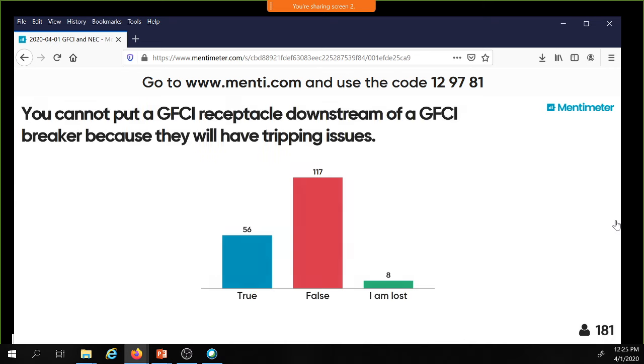So, you cannot put a GFCI receptacle downstream of a GFCI circuit breaker because they will have nuisance tripping. We got 56, 57 say true, 117 say false. 8 of you are lost. So this question comes up, especially now that we have an expansion of arc fault circuit interrupters.